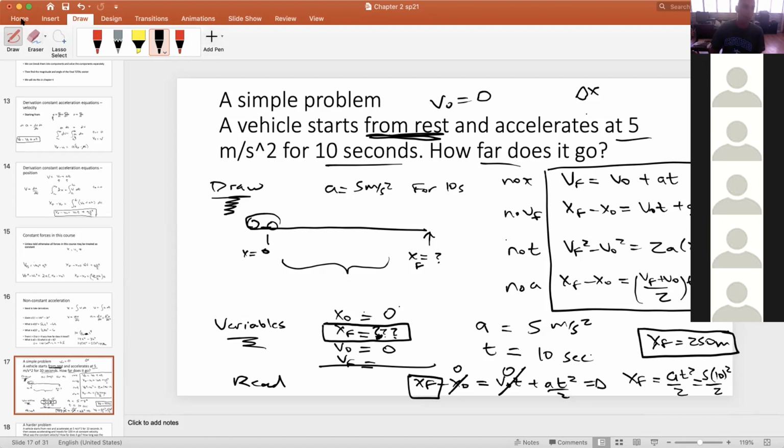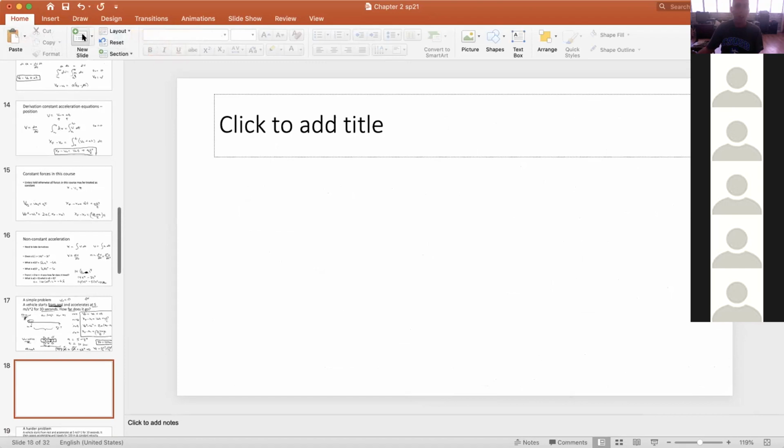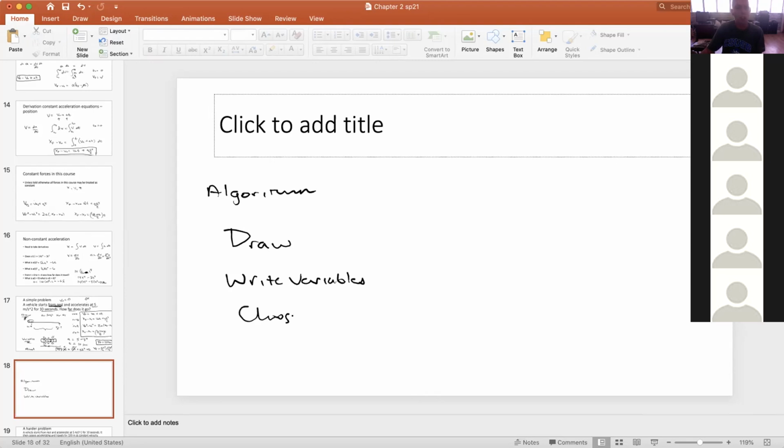The algorithm is this. And you can come back and do it yourself. So this is our algorithm: draw, write your variables, choose equation, solve, right?